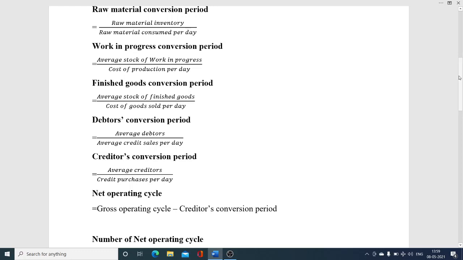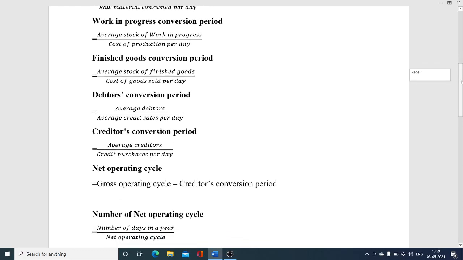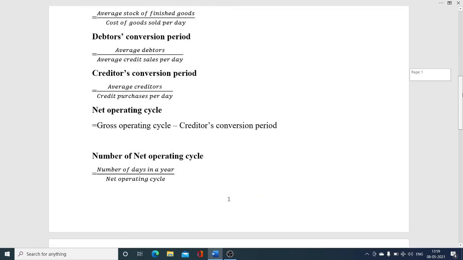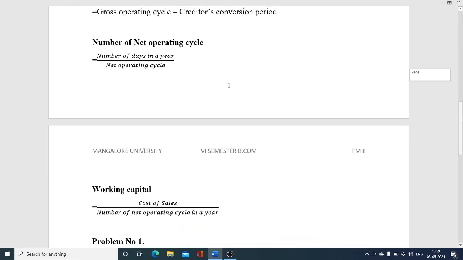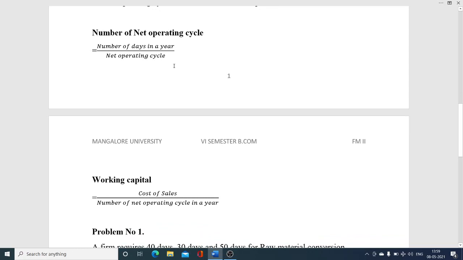Using this, we can find the number of net operating cycles. The number of net operating cycles is equal to the number of days in a year divided by the net operating cycle. In a year we have 365 days, but sometimes for ease of calculation, we take it as 360 days.